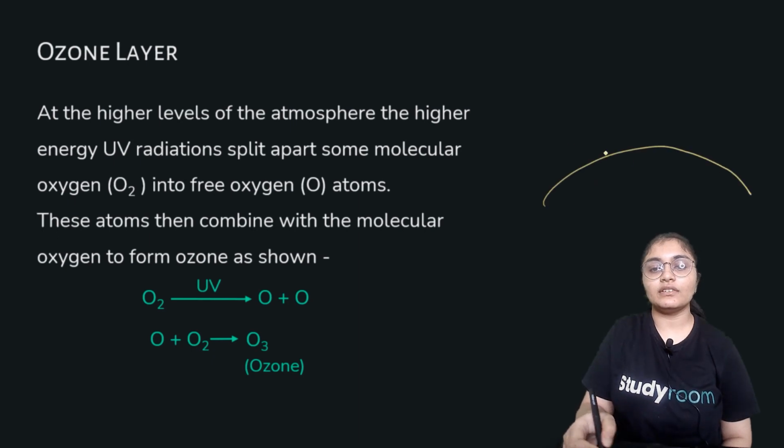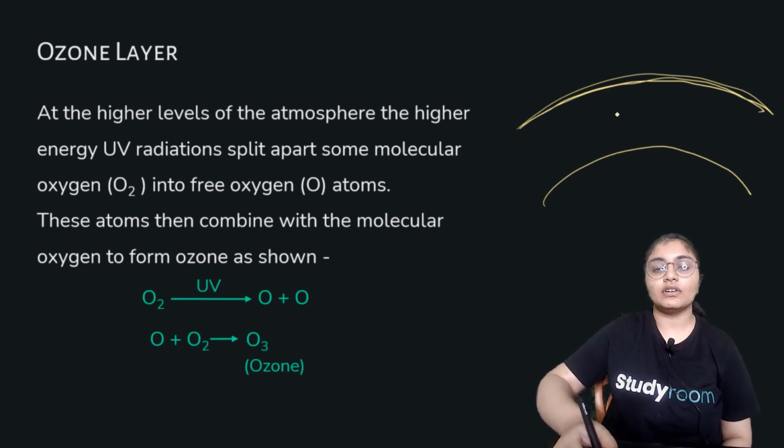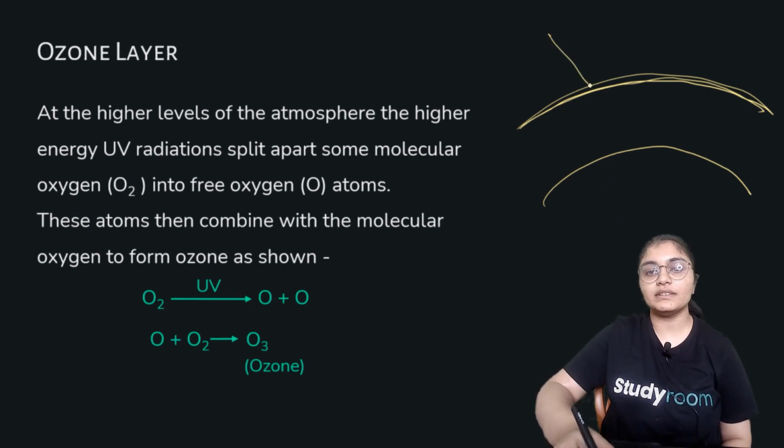So here is the earth and here is the atmosphere, and this is the shield formed by the ozone layer. How is this shield formed? UV radiation comes, and at this place it breaks down oxygen into nascent oxygen, or free oxygen.